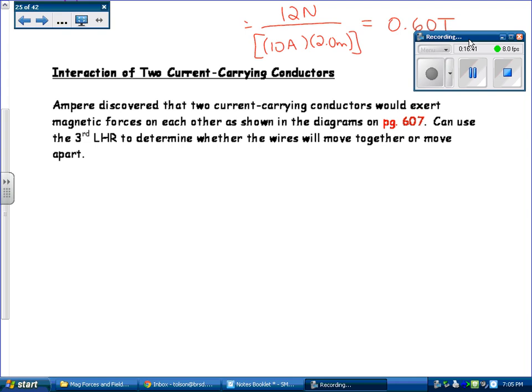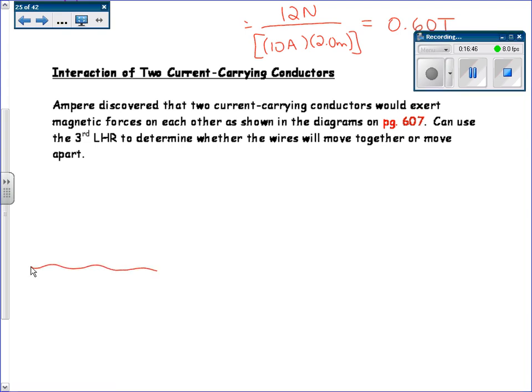So in our first example, we'll have a wire with a current coming out of the page, so that's electrons coming out of the page, and another wire that also has electrons coming out of the page. If we go back to our first left-hand rule, which gives us the magnetic field induced around a current carrying conductor, with an electron coming out of the page, we stick our thumb out of the page and our fingers curl around.